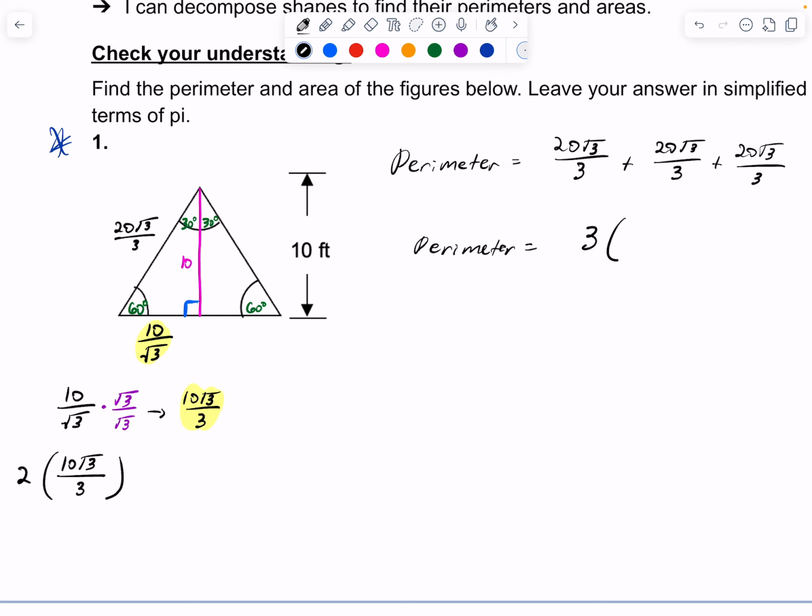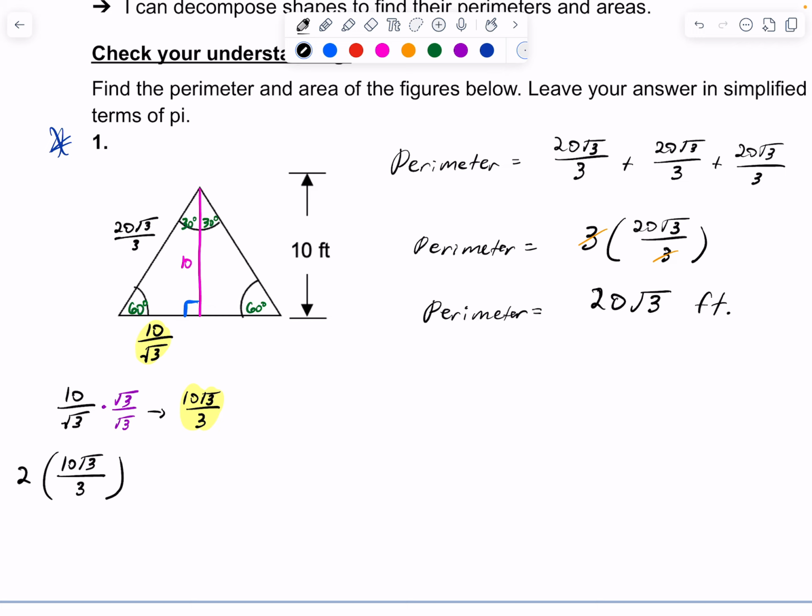So 3 times 20 root 3 over 3. And then this large 3 out front is going to cross out with the 3 in the denominator to give me that the perimeter is equal to 20 times the square root of 3 feet.